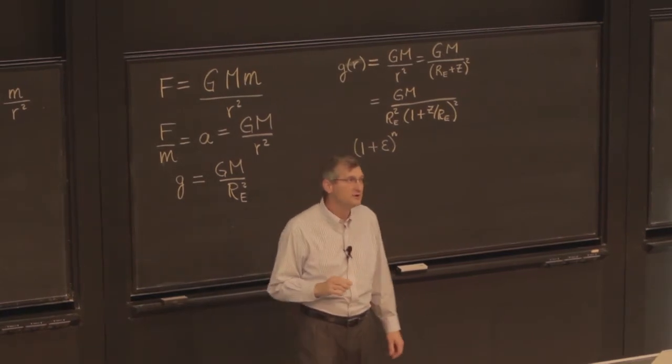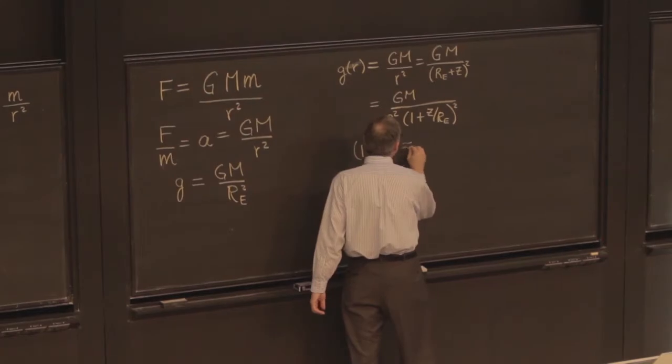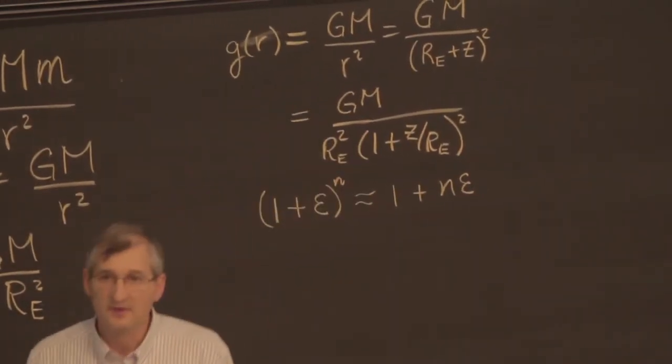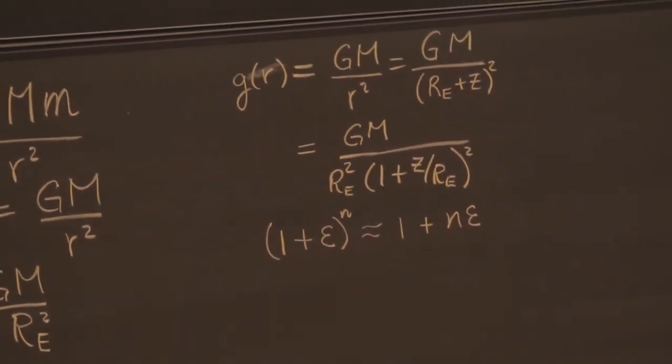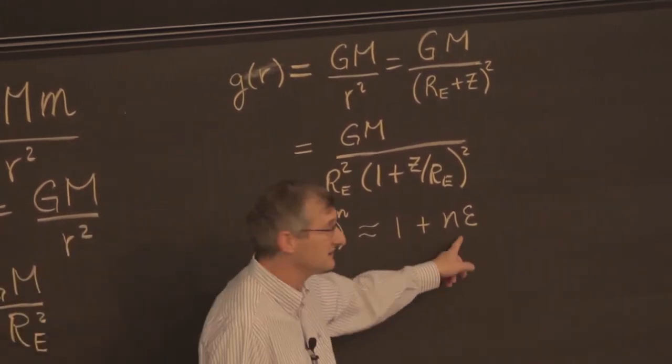And the binomial approximation, which Newton was mentioning, says that this is approximately equal to 1 plus n epsilon, and the next term would involve epsilon squared. So if epsilon is small, then the quadratic term might be negligible compared to the linear correction.